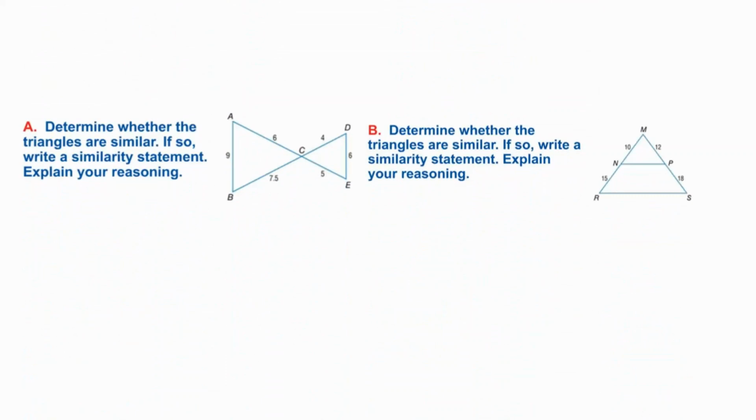So for the first problem, we're asked to determine whether the triangles are similar. If so, write a similarity statement. So 9/6, which is AB over DE, that can reduce to 3/2.